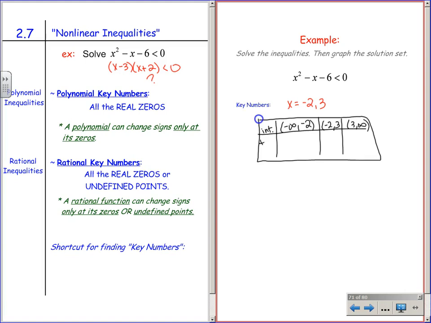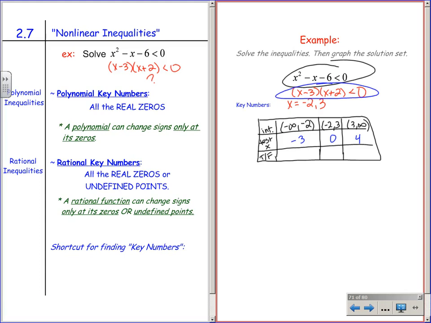I am going to pick a test x, but this time it's not so much about the y, it's rather true or false with the original inequality. So I'm going to pick test points of, I don't know, -3 sounds good, 0 sounds good, 4 sounds good. If I plug in -3, I think I'd plug it in the factored form. Might be a little bit easier that way.